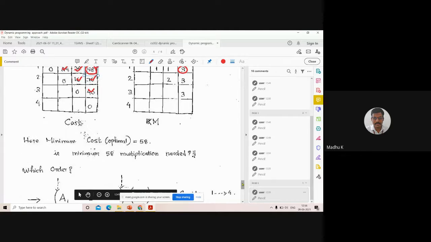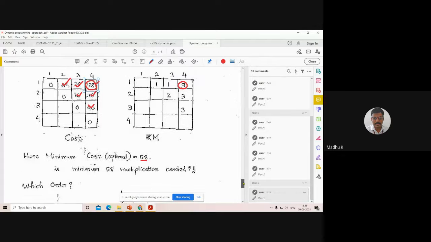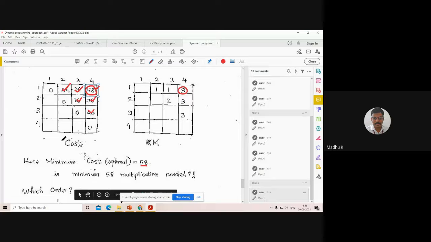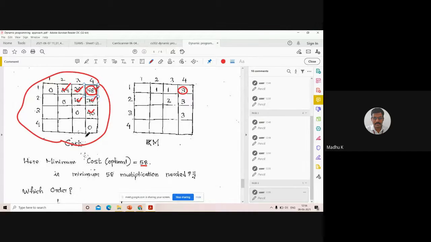Minimum cost means the minimum number of scalar multiplications needed is 58. So in this case the optimal solution is 58, that is, a minimum of 58 multiplications is needed.